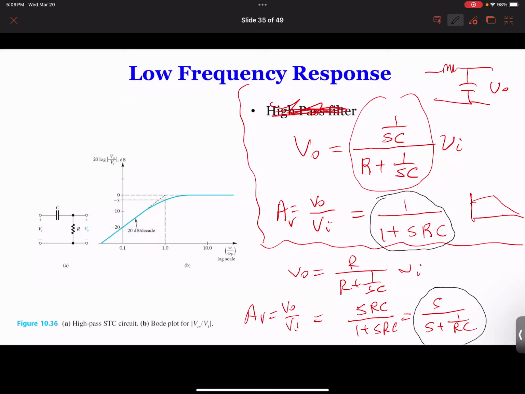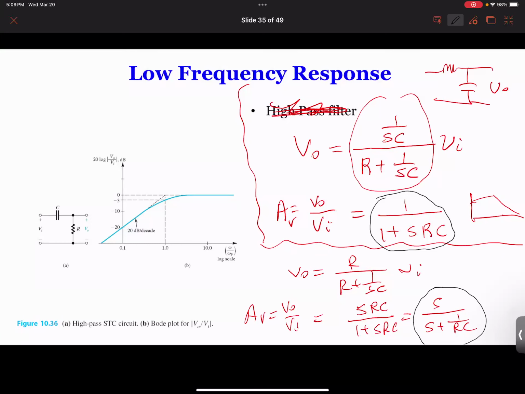So that's why your gain is 1/1, which is 1, which is low pass. S is small, it's low pass. Well, when S is high, when this reaches 1, or j1, and this is 1 plus 1, over square root of 2, that's your 3 dB. When this SRC is much larger than 1, you can neglect this 1. So your output is proportional to this whole term here.